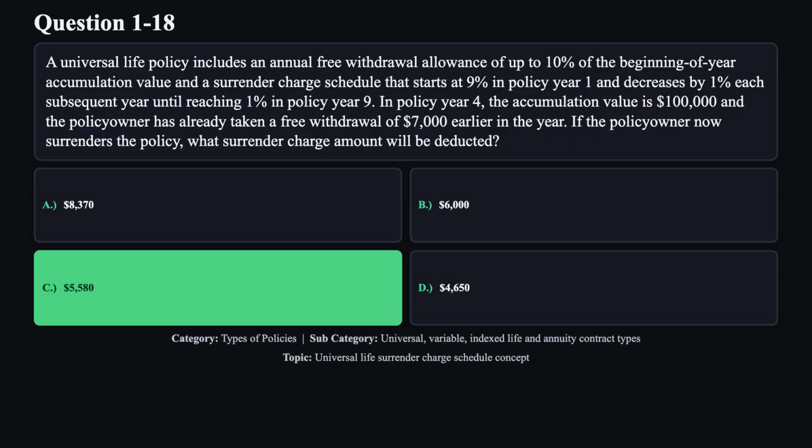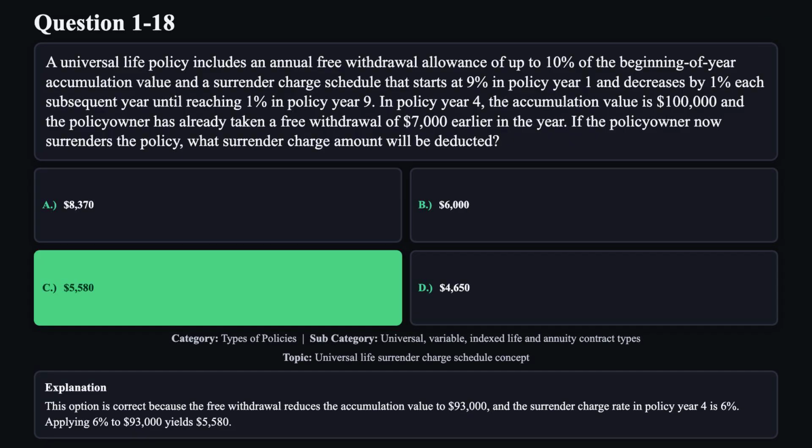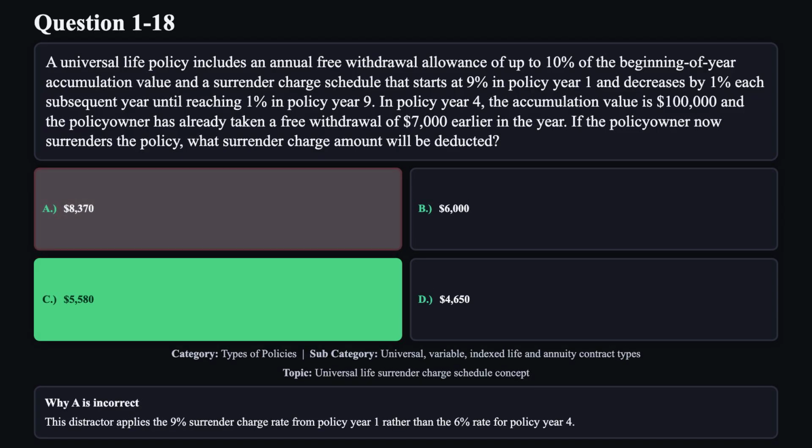The correct answer is C. This option is correct because the free withdrawal reduces the accumulation value to $93,000, and the surrender charge rate in policy year 4 is 6%. Applying 6% to $93,000 yields $5,580. Reason A is not correct.